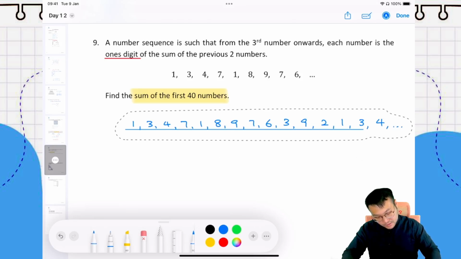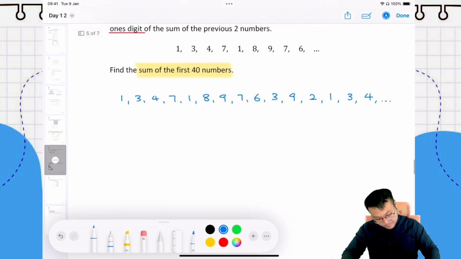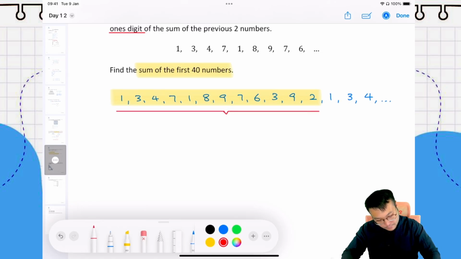Okay, come, let me move this to the center. Okay, so students, do you notice something? The pattern, right, repeats every 12 numbers. Okay? So we can say that it's a recurring pattern.